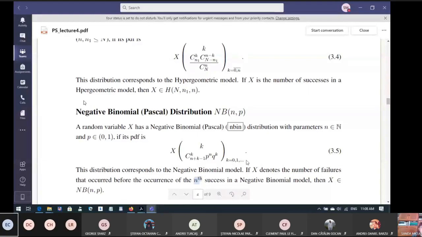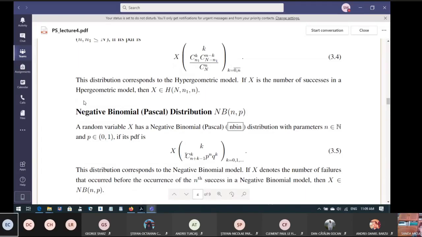But theoretically, there's no finite number that we can set beforehand to say we stop at 100, we stop at 1,000 trials. So k takes values from 0 to infinity, and the probability for each value is the one given by the negative binomial model.